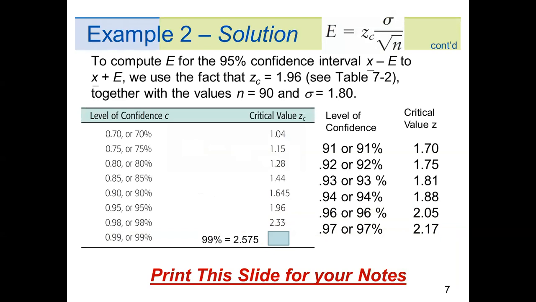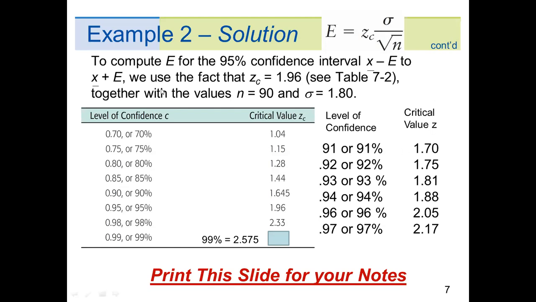We're going to be working with what's called confidence intervals and confidence levels. Levels range from like 70% all the way up to 97%. So if I'm saying, hey, listen, I want you to work with an 85% confidence level, then you know your critical value, your Z-score, is 1.44. I give you all of these.